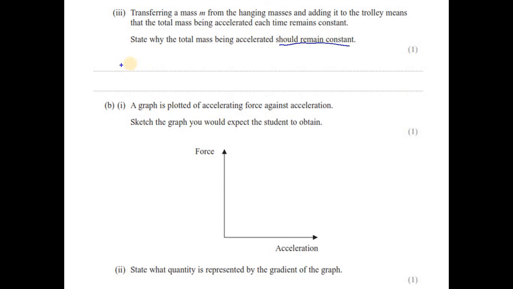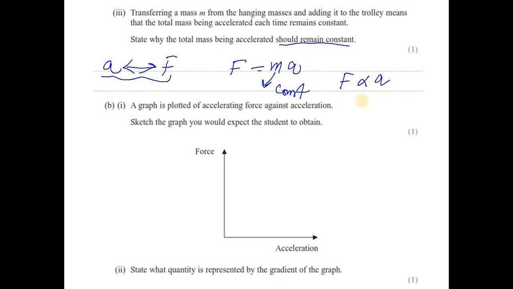Because the student is investigating the relation between acceleration and force, and the most common relation between these two quantities is F equals ma, and in this case m should be constant, so that we can say F is proportional to a, or a is proportional to F. That's why m is constant.